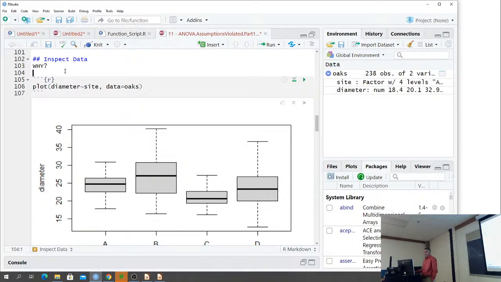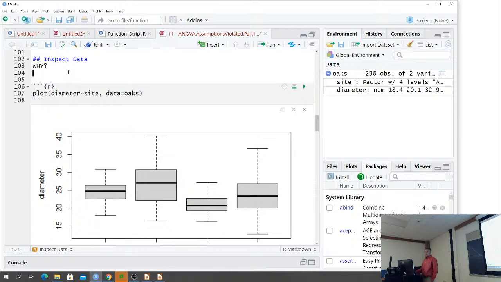All right, so first question, why do we inspect the data? What are we looking for? Visible differences. So this leads to preliminary predictions for our test.